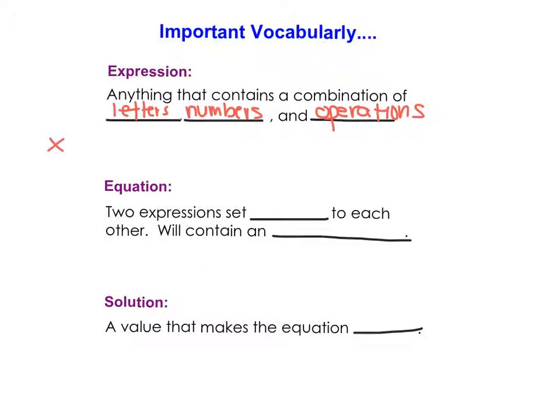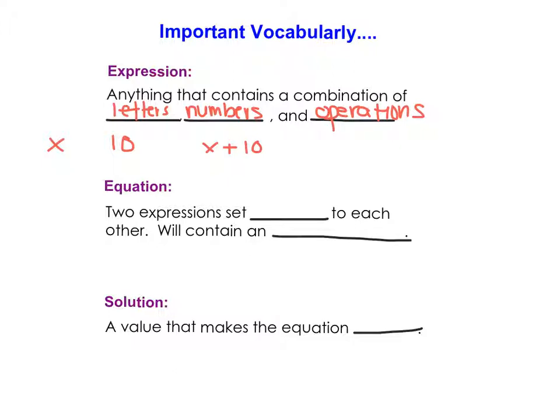An expression could also be just a number, like 10. And then an expression can also be some combination of letters, numbers, and operations. So for example, something like x plus 10. That's an expression because it contains letters, numbers, and or operations.